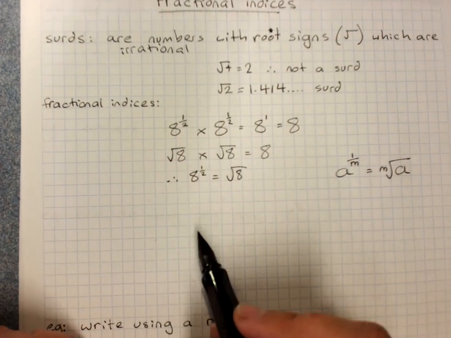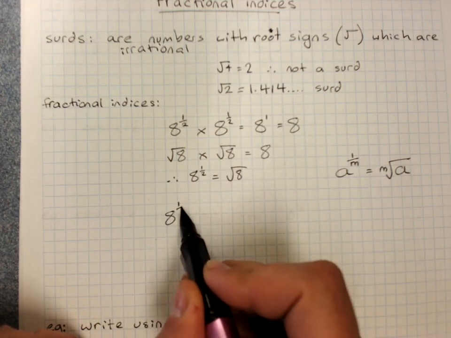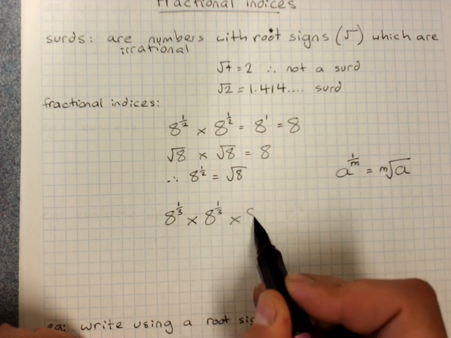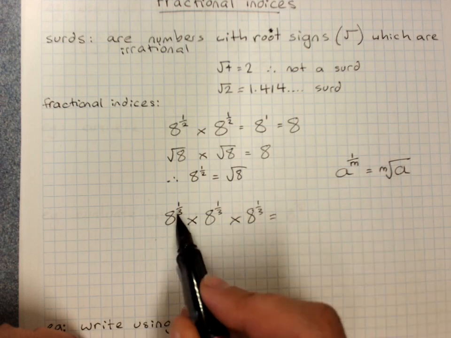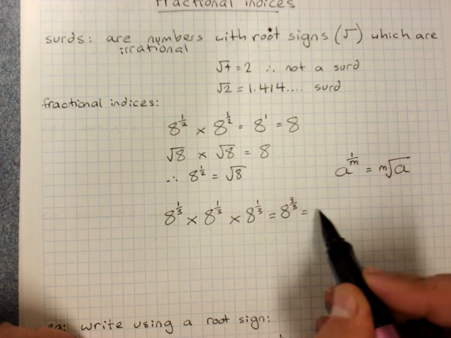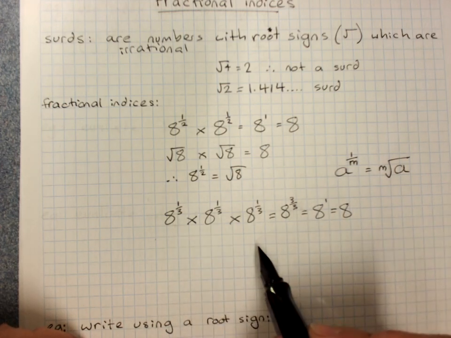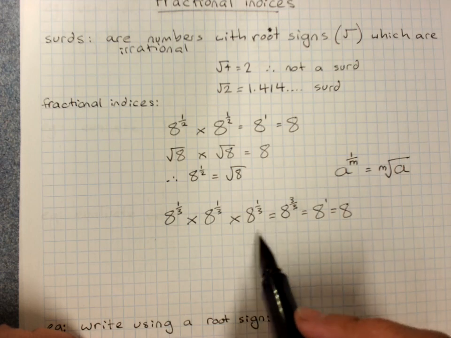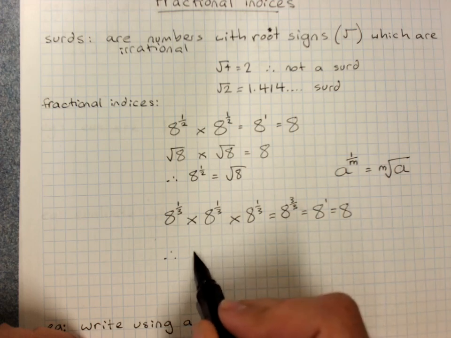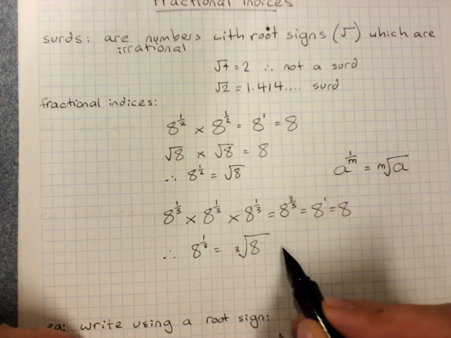Let's look at the cube root of 8, which I'm sure you can predict is going to be 8 to the third times 8 to the third times 8 to the third, which gives 1/3 plus 1/3 plus 1/3, 8 to the 3/3, which is 8 to the 1, which is 8. 8 to the third is the cube root of 8. It is the number that cubes to give 8.